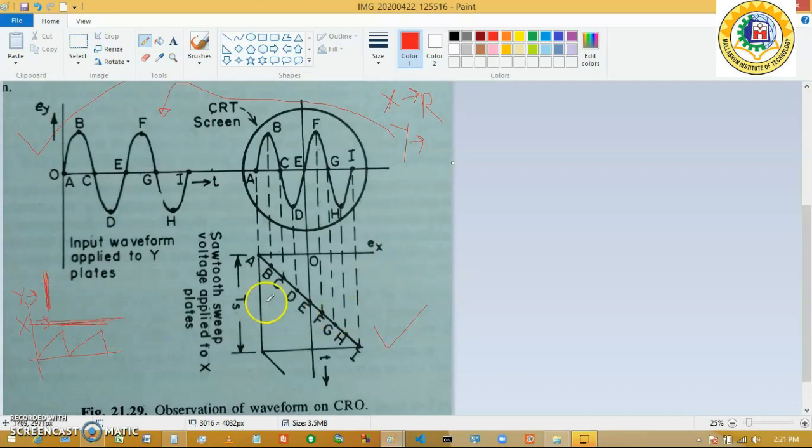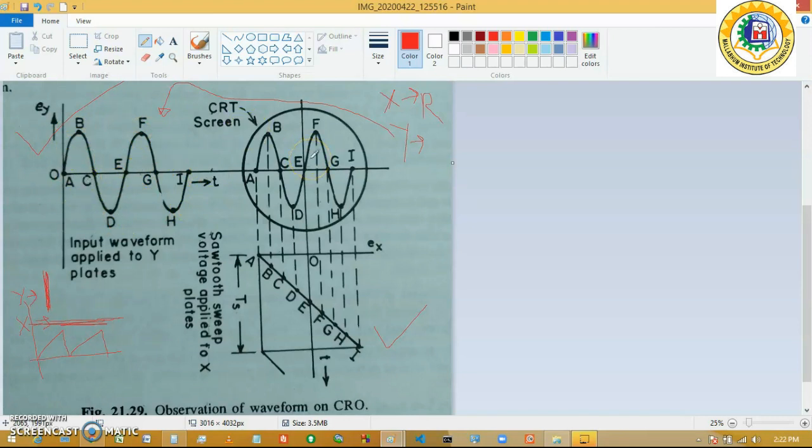Now in this waveform you can see that this is your X plate waveform, this is your ramp voltage marked in different regions A, B, C, D like that, and also on the Y plate an unknown sinusoidal signal is applied that is being reflected onto the CRO screen.